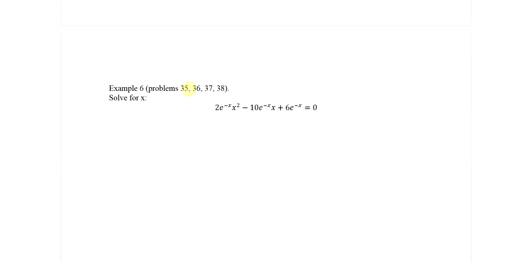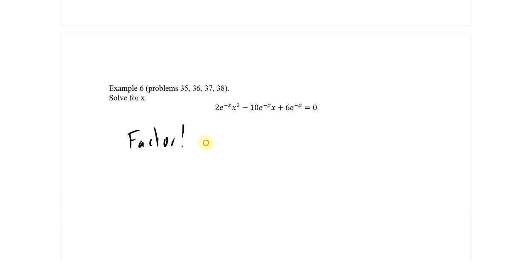Second type of problems, 35, 36, 37, 38, are like this. Usually we'll want a factor. So what can we take out that's common to each term? Well, 2, 10, 6, those are all divisible by 2, so we can take out a 2. And each term has an e to the minus x. I can't factor an x out because there's no x in that.